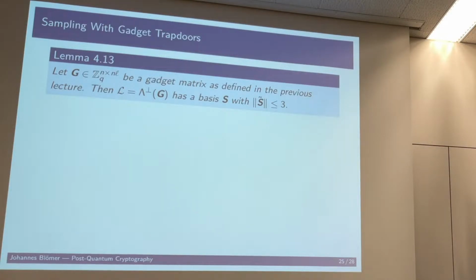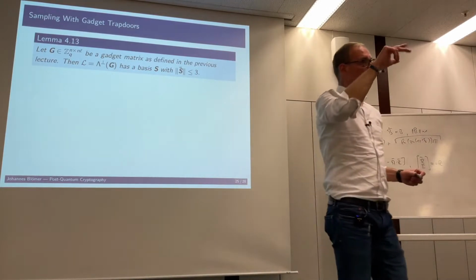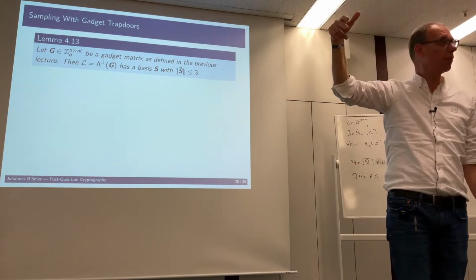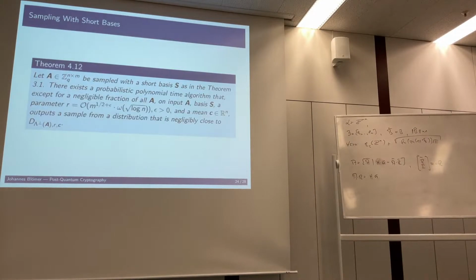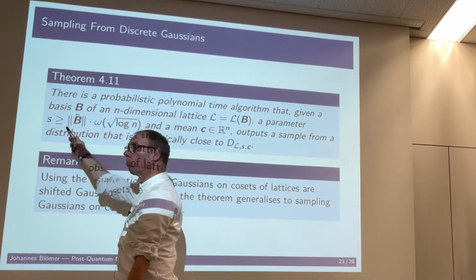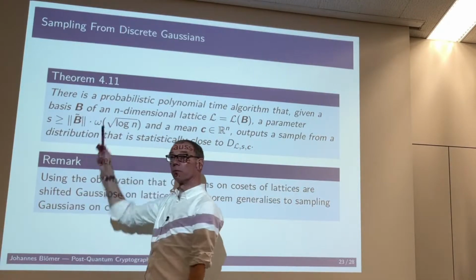So with this G, we can directly output this S as well. Which means that since this is short, we can sample discrete Gaussian distributions on lambda perp. And the factor in there, if you go back here, becomes 3, so it's subsumed basically by this term here.